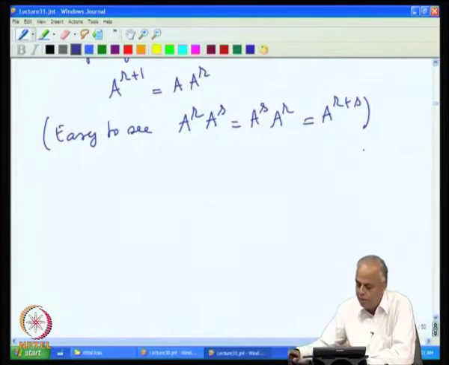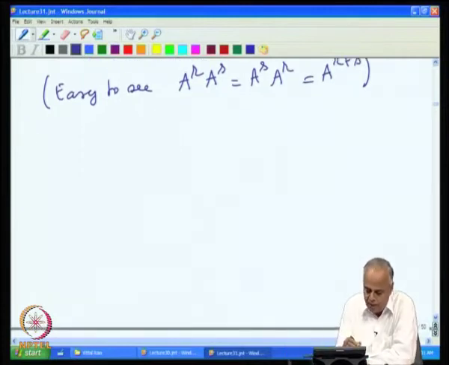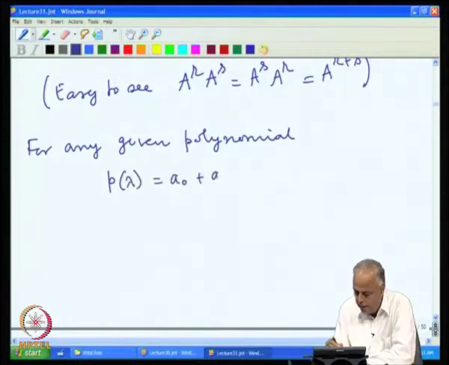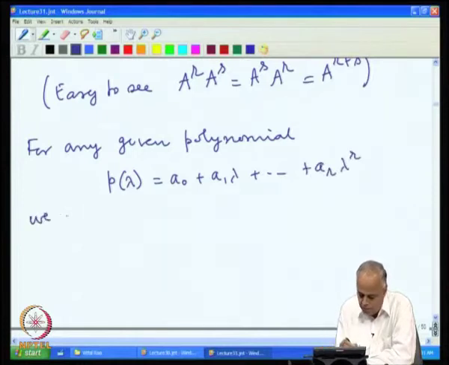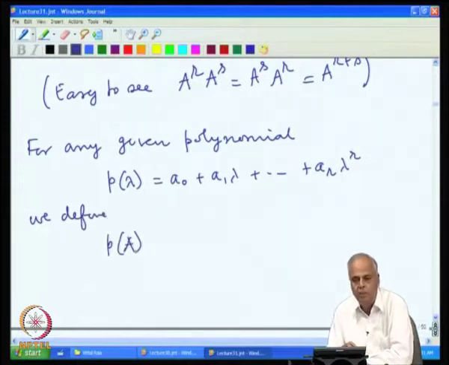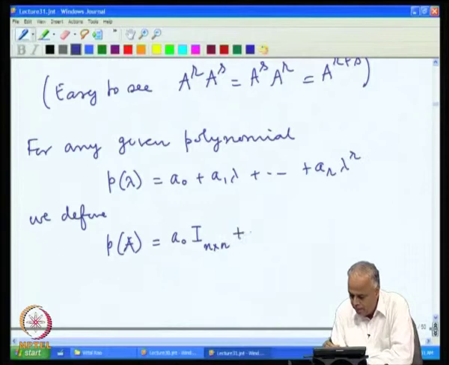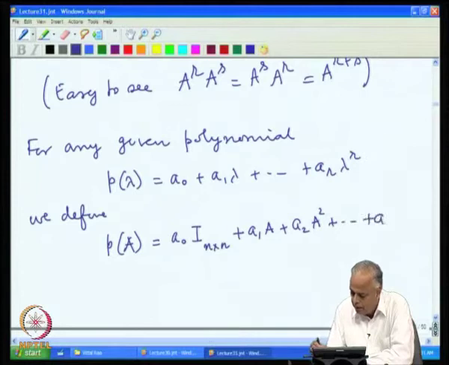So, we first define the powers of A, then for any given polynomial p lambda equal to a naught plus a 1 lambda plus up to a r lambda to the power of r, we define p of A. We define the polynomial of the matrix A as a naught I plus a 1 A plus a 2 A squared plus up to a r A to the power r.